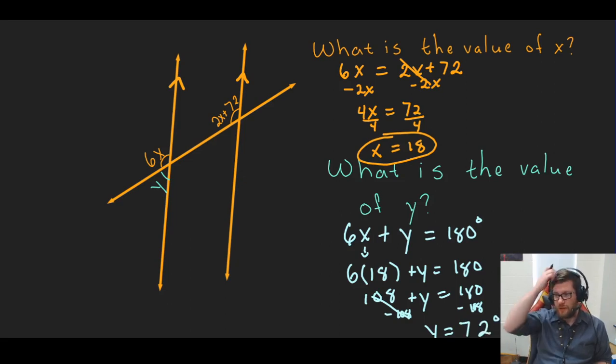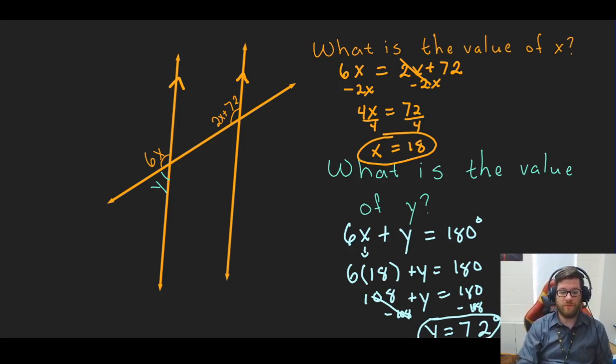Okay, so angle y is 72 degrees. All right, and again, we could plug everything back in. If y is 72 degrees, 72 plus 108 gives us the 180 that we're looking for. Okay? There's a couple examples of the types of problems that you can find with these.